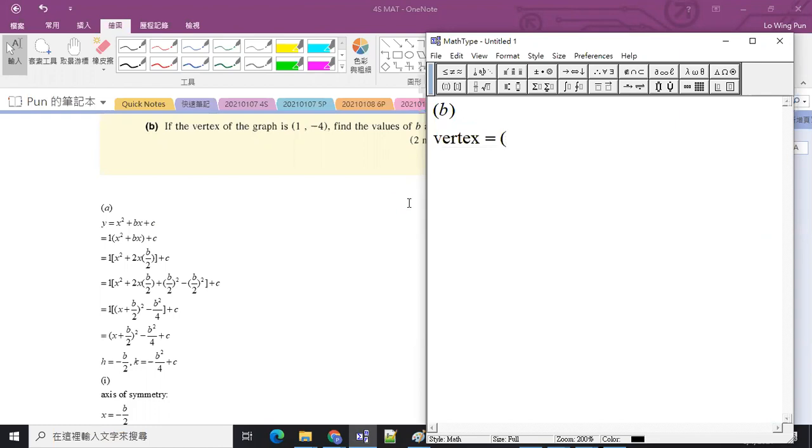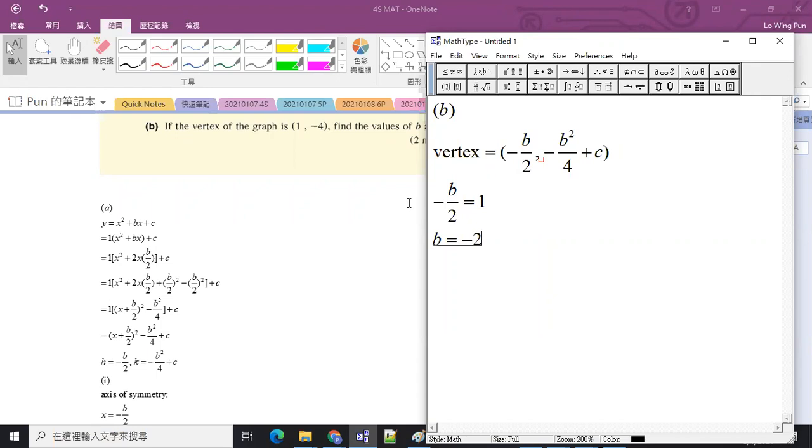So that should be equal to negative B over 2 and negative B squared over 4 plus C. But it is also given that the coordinates of vertex are 1 and -4. So we just put them together. Our x coordinate, negative B over 2, should be equal to the given x coordinate, that is 1. Okay, from this equation, we can already find the value of B, that is -2.